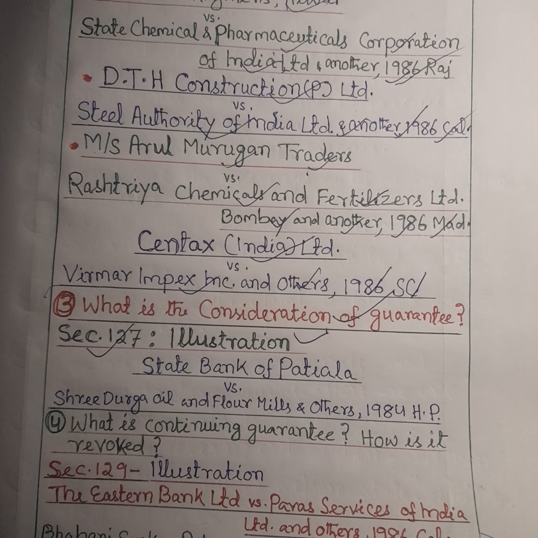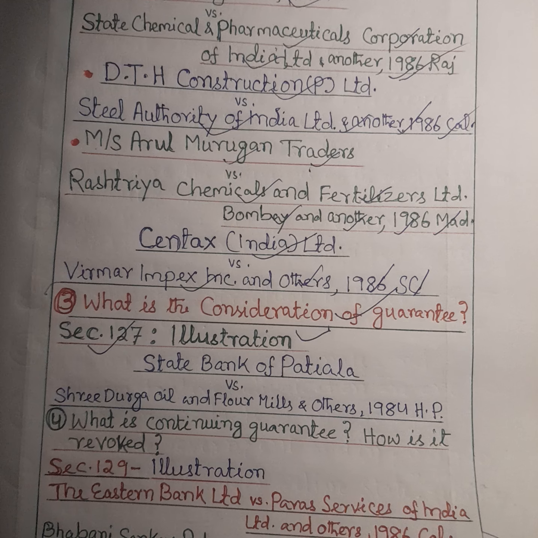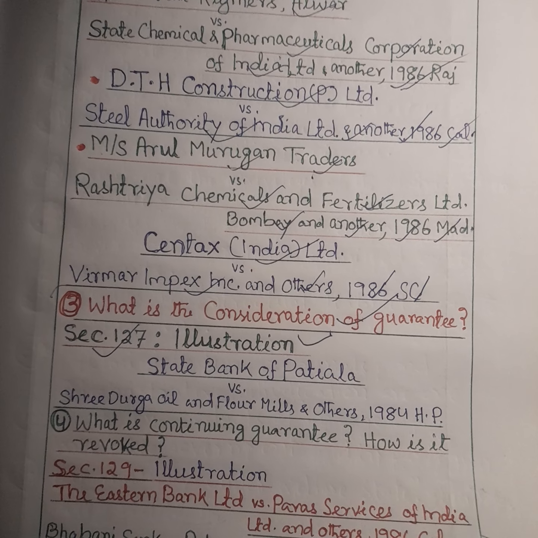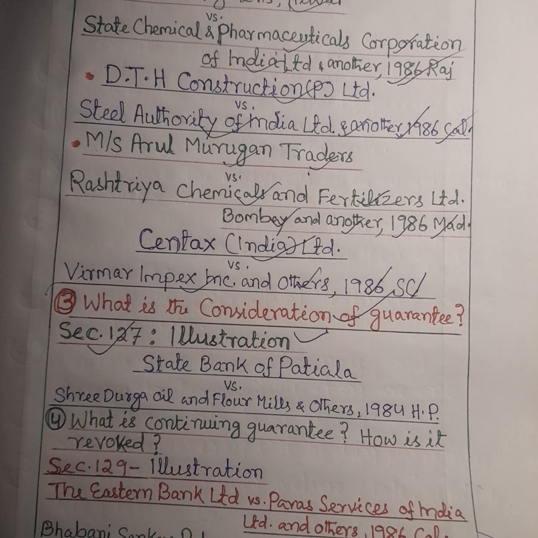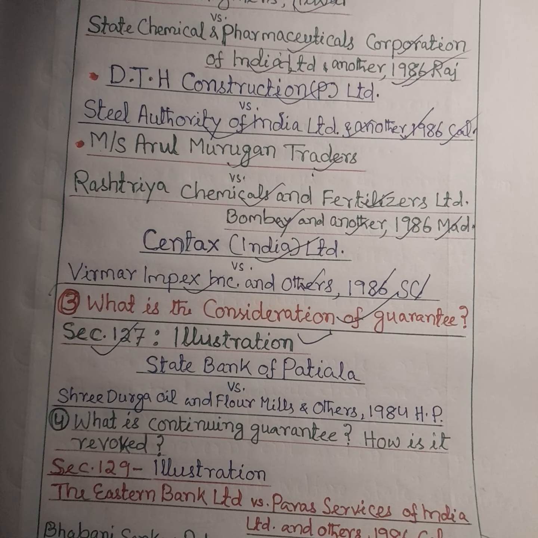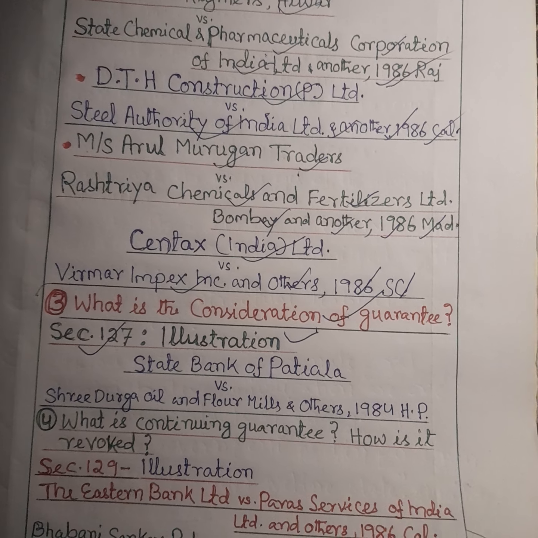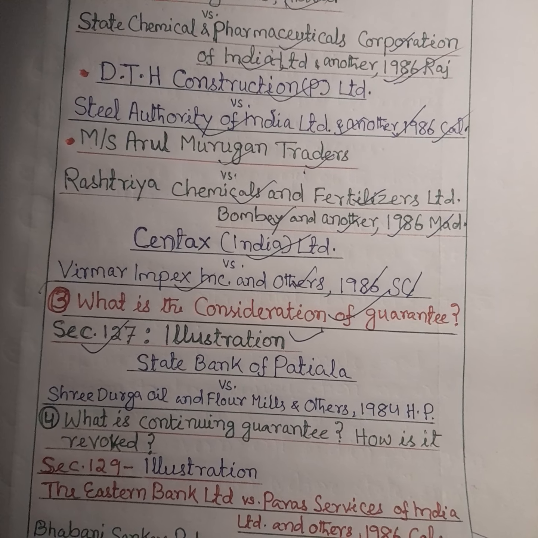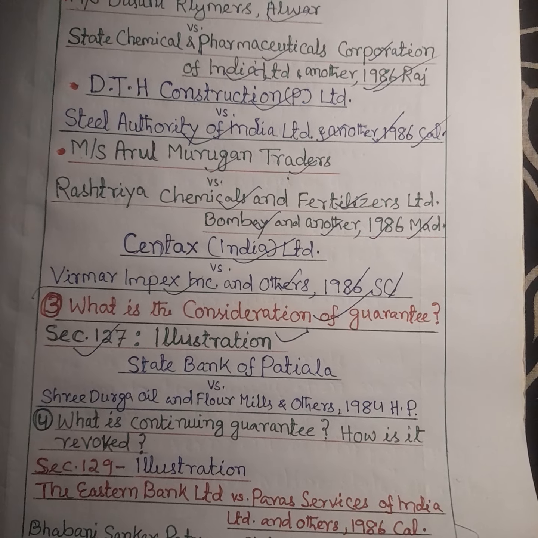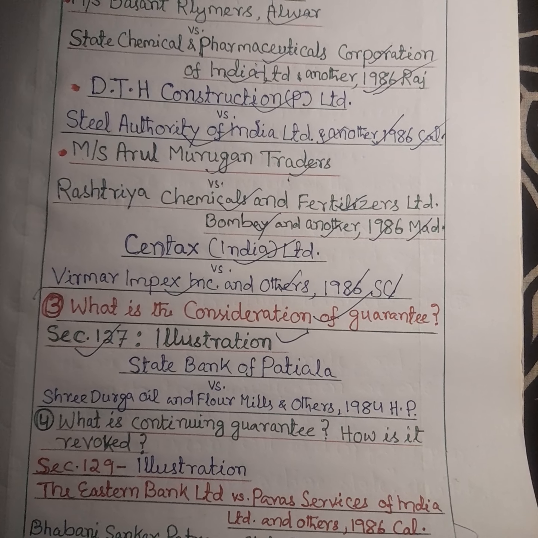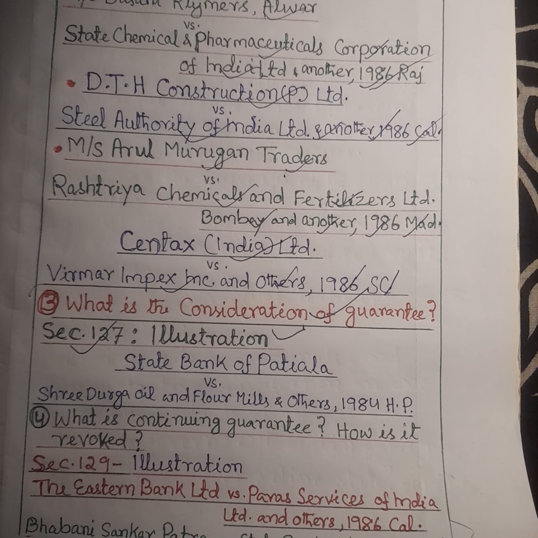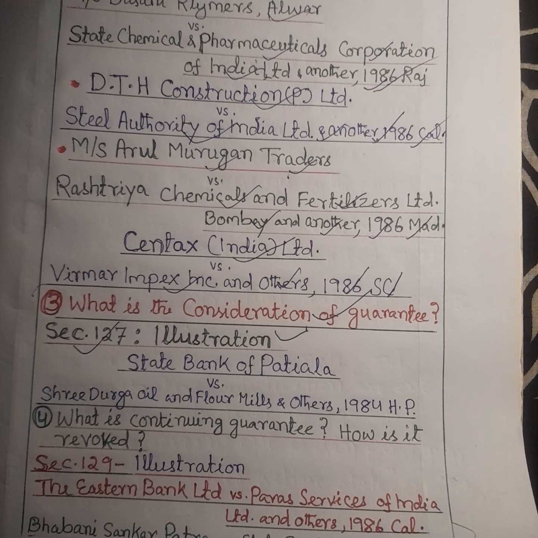So, the consideration for suretyship must exist in some form before a contract of guarantee can be valid. So, the money lent to the principal debtor on the faith of the guarantee is a sufficient consideration for the promise of the surety.